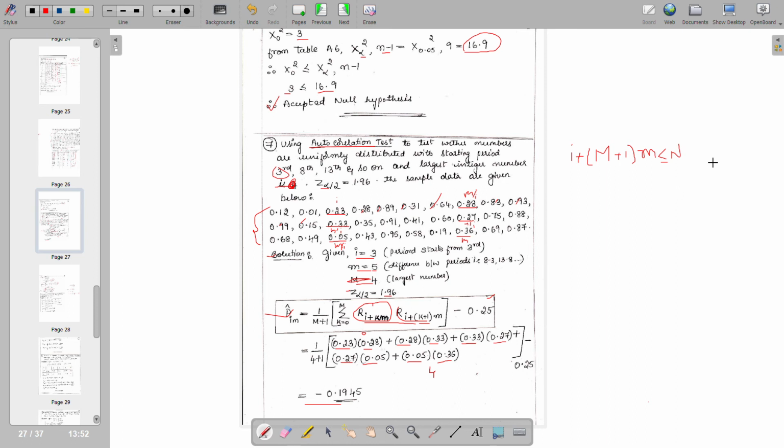The total number of sample data is given as 30, so N is 30. The i value is 3, plus (M plus 1) into m, where the M value we need to assume.